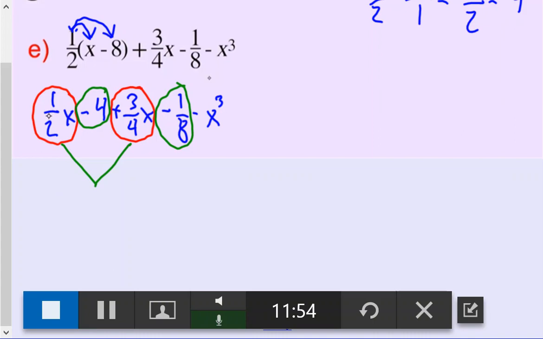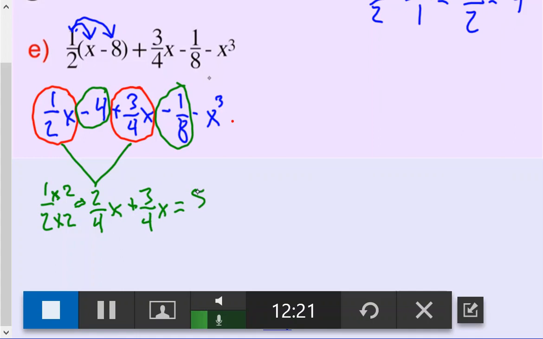So 1/2, I'm going to get common denominators. 1/2 times 2, so then we'll get 2 over 4. So we have 2/4 x plus 3/4 x, and that will leave us with 5/4 x, or 1 1/4 x.